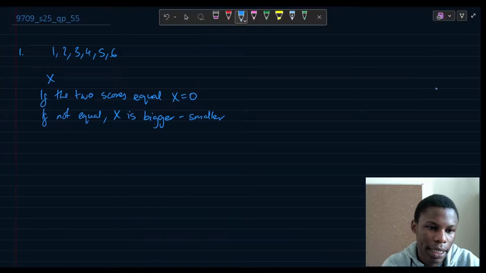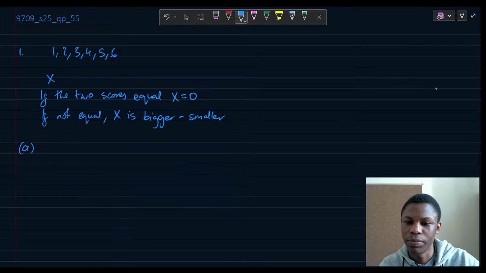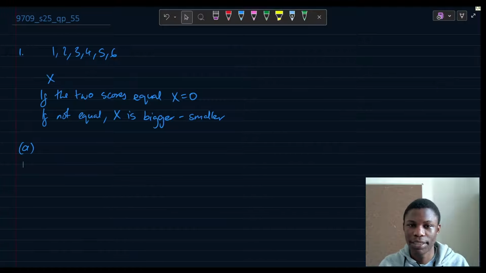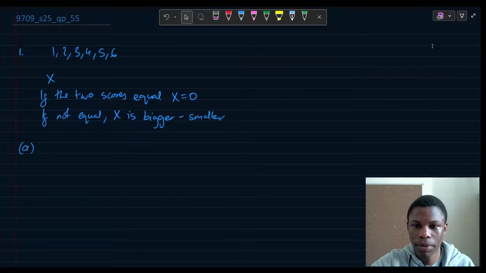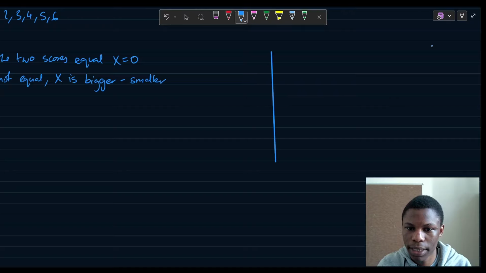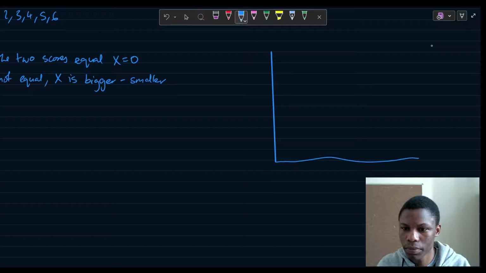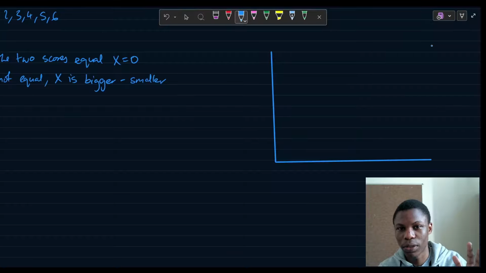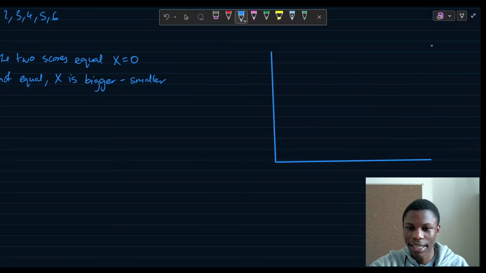And then part A, draw up the probability distribution table for x. So we need to figure out all the possible values that x can take. For us to do that, we want to draw what we call a possibility space diagram. I'm going to put one die on the vertical axis and the other die on the horizontal axis.